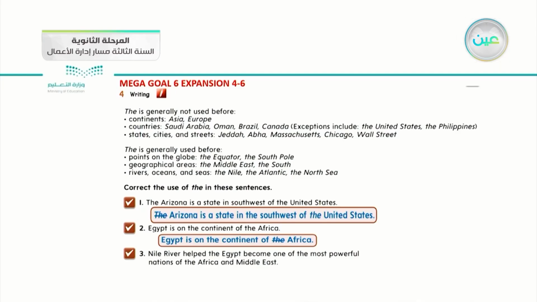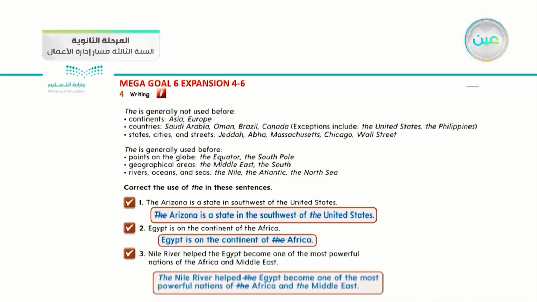Number 3: Nile River helped Egypt become one of the most powerful nations of Africa and the Middle East. What do you think? What is the wrong one here? We're searching for where the article is needed and where we should omit it. Try to think.